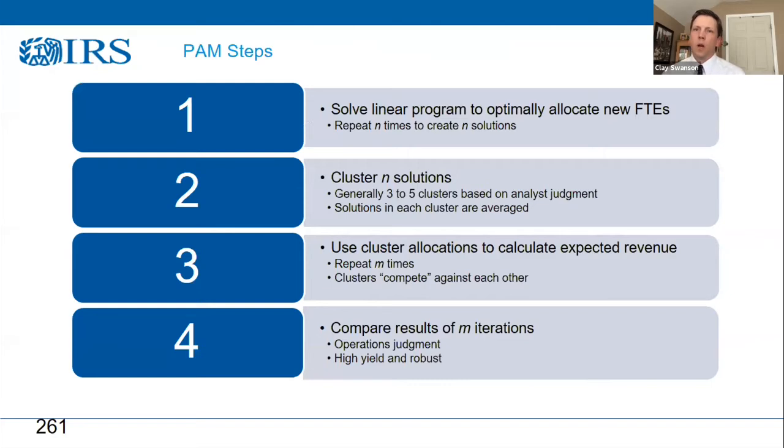All right, so when we run PAM, it's a 4-step process. The first step is running the linear program many times to create many solutions. We run it many times because there is some uncertainty with some of our model inputs.